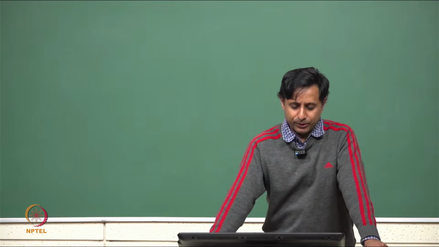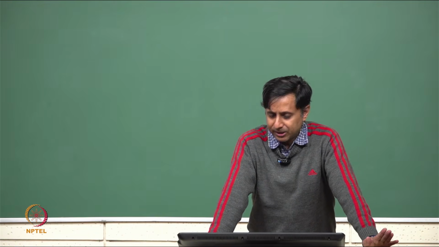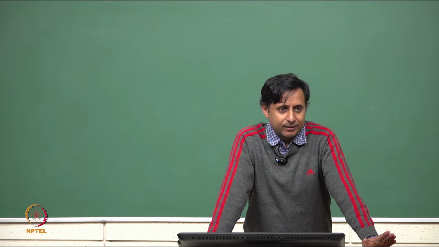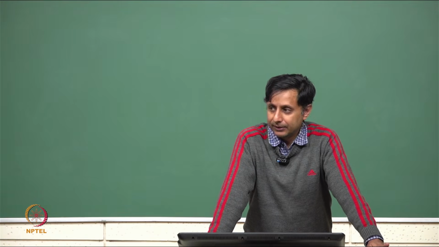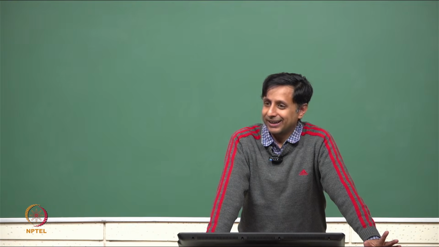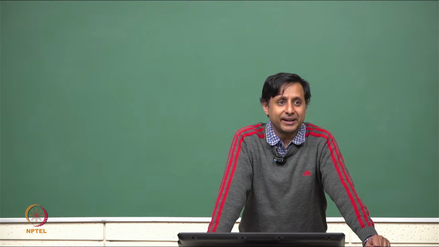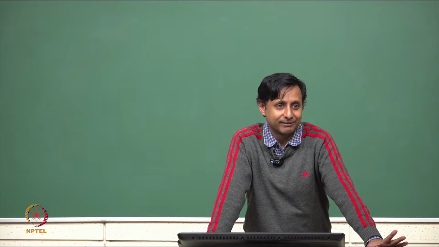Now, the way to look at this is as follows. Remember when we worked with the T network, we used Z parameters and it was very easy to work it out. Things were in series straight away.